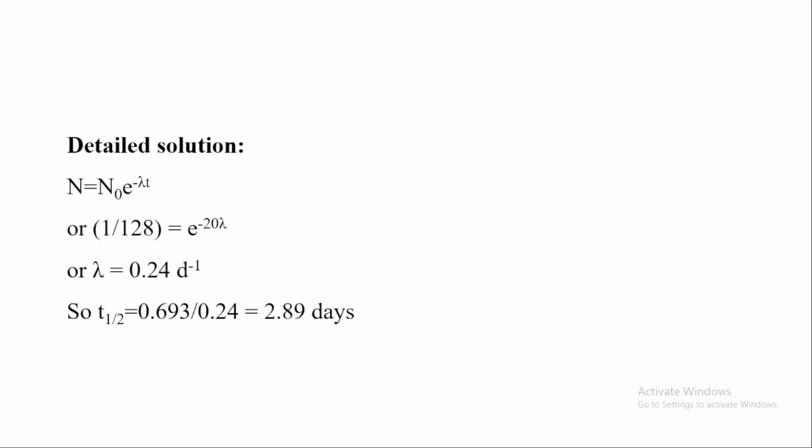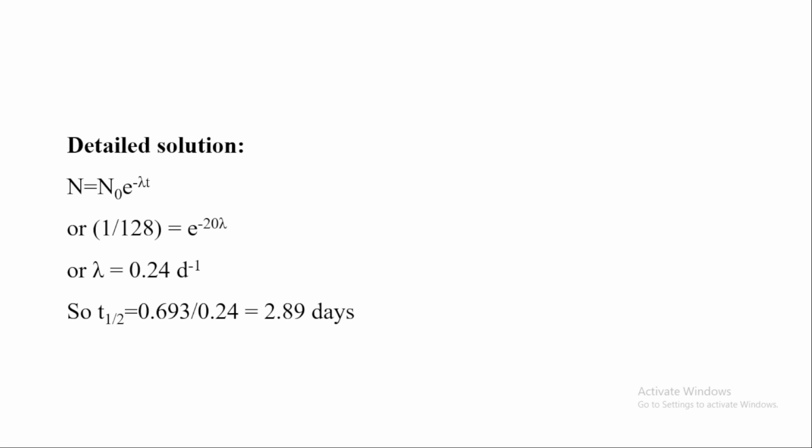If you have to solve for lambda, you will take log on both sides. So natural log of 1 by 128 is equal to minus 20 into lambda, or natural log of 128 would be equal to 20 into lambda.